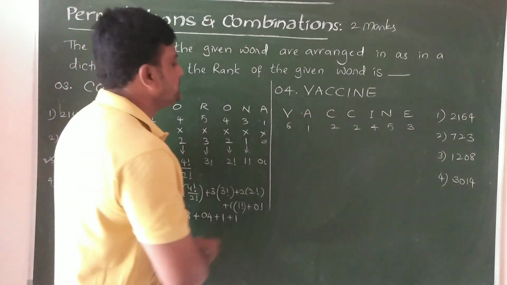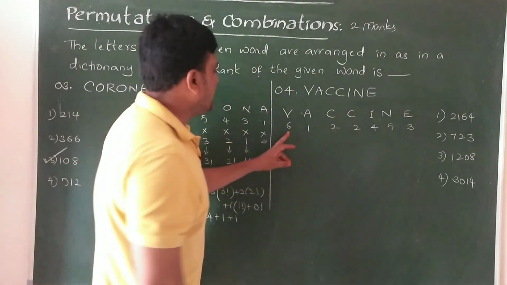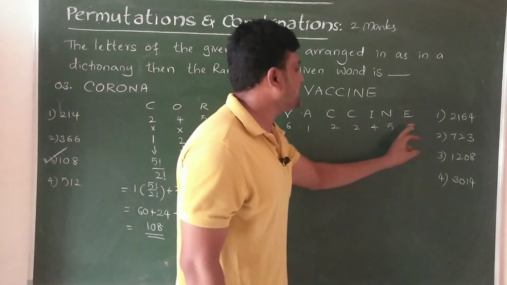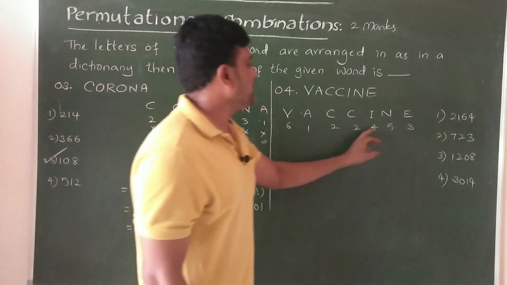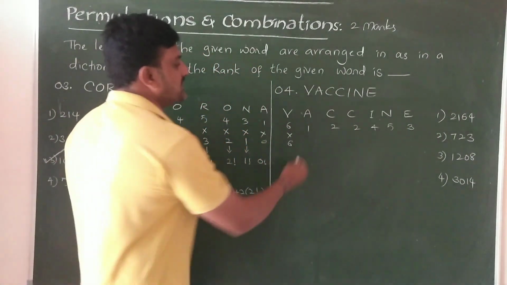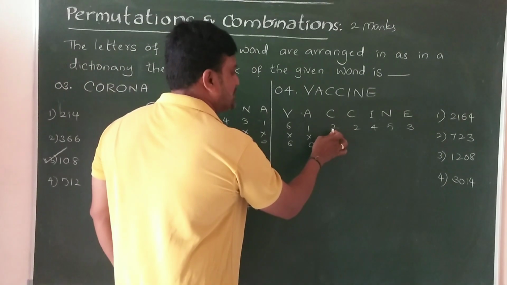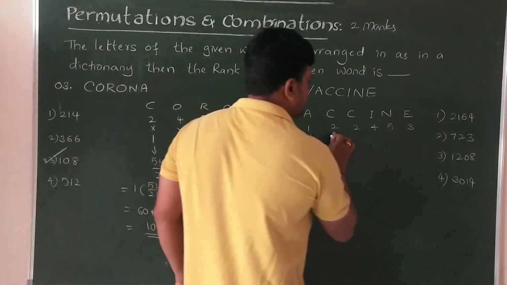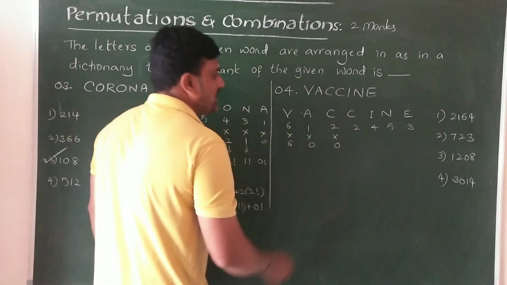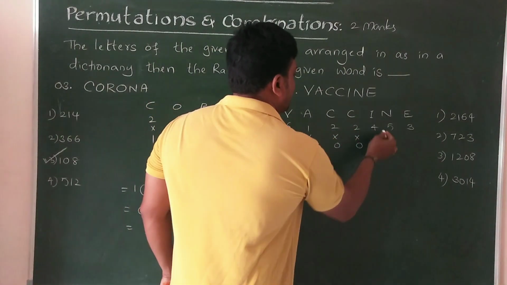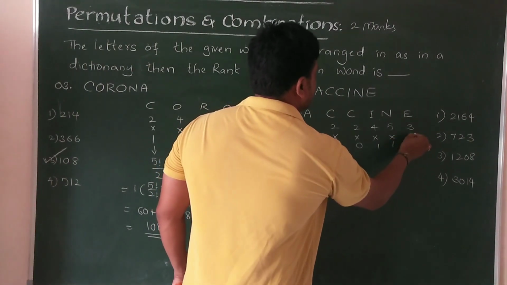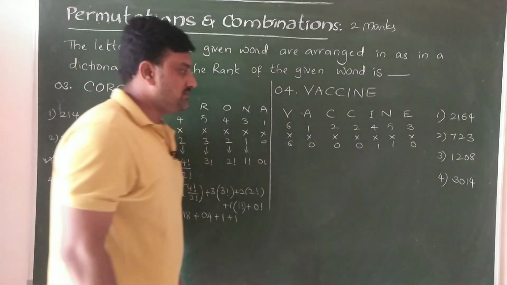Okay. Now we need what? Less than 6. How many are there? Less than 6: 1, 2, 3, 4, 5, 6. Yes or no? Less than 1, 0. Less than 2, only less than 2, not equal to. Less than 2, don't have 0. Less than 2, 0. Less than 4, 1. Less than 5, 1. Less than 3, 0. Okay.